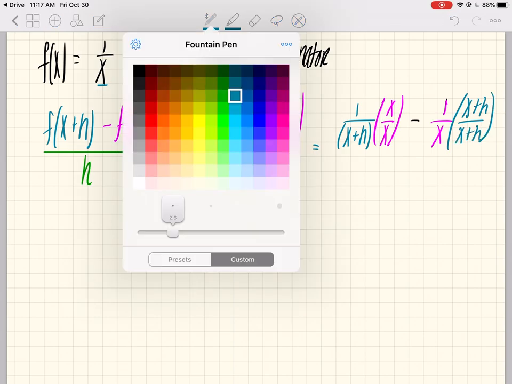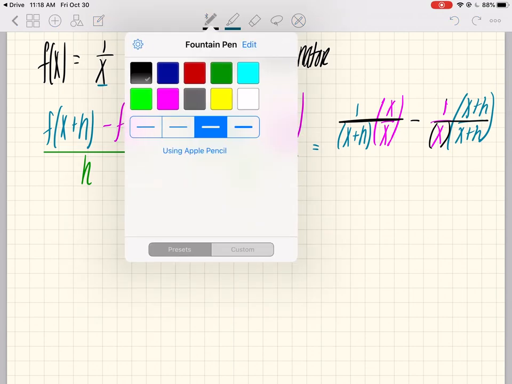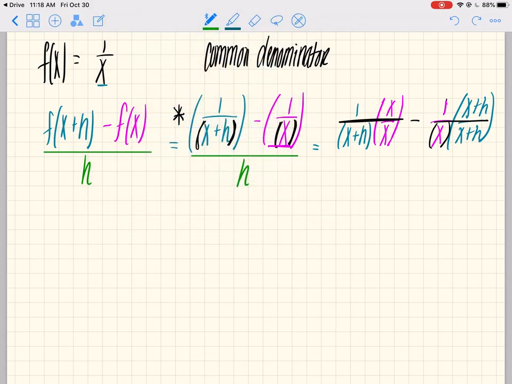And then that way, when you multiply these, this just becomes one fraction. Then we have x times x plus h in the denominator, which is a common denominator now. Okay, that's the same, and that's exactly what we want. And then all of that messiness is divided by h.